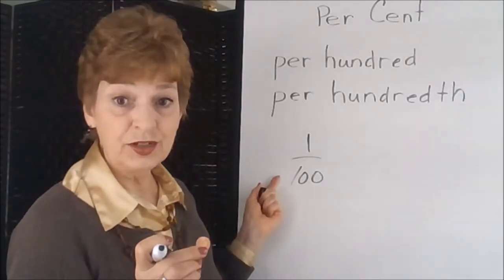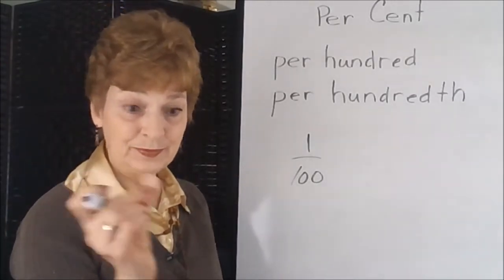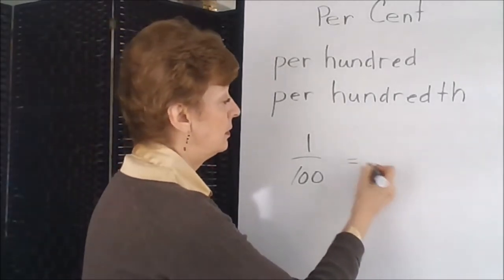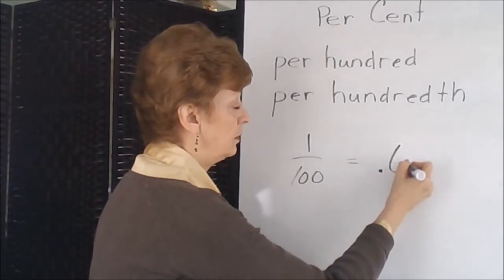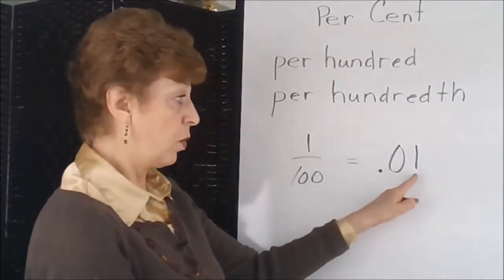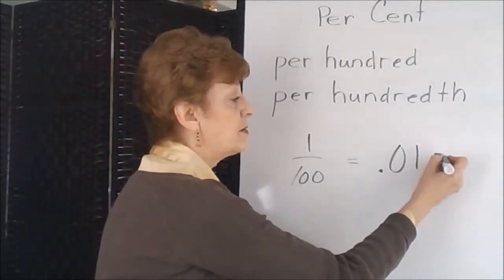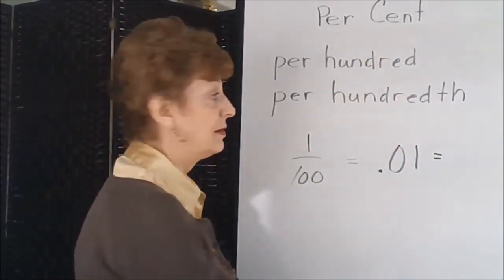This is a fractional way to say 1 penny. We could also say it as a decimal, because the 1 is in the 100th column. And we could also say this as a percent, 1%.